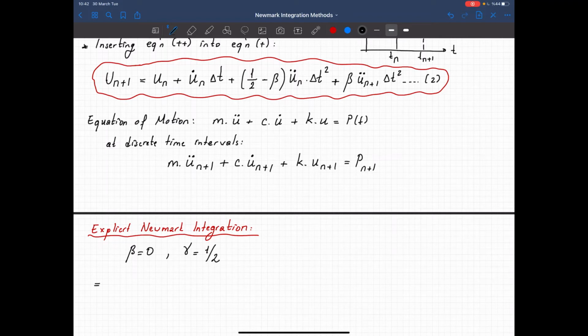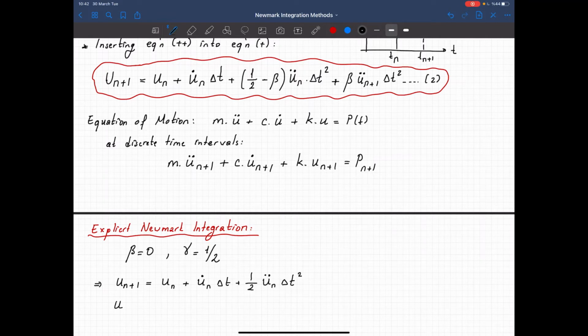And in that case u n plus 1 will be equal to u n plus u dot n delta t plus 1 over 2 u double dot n delta t squared.